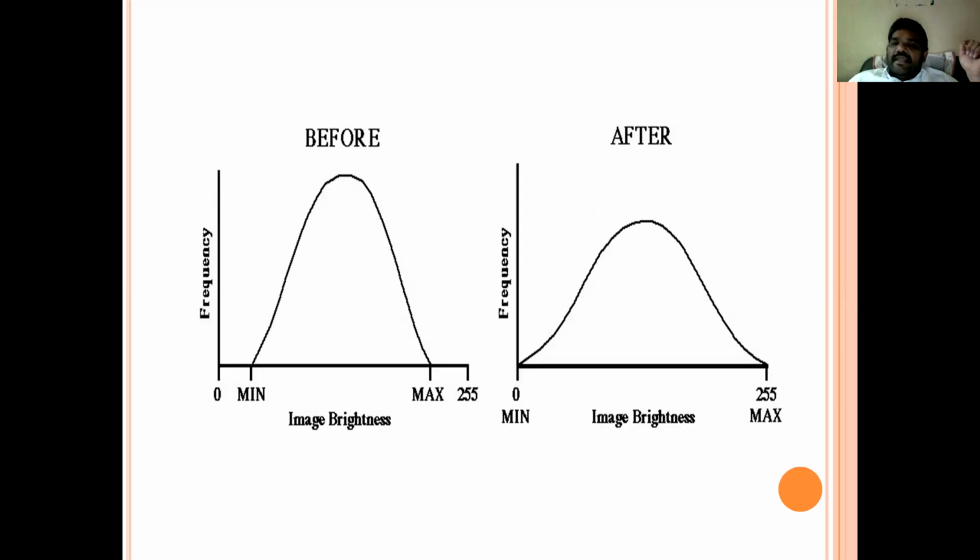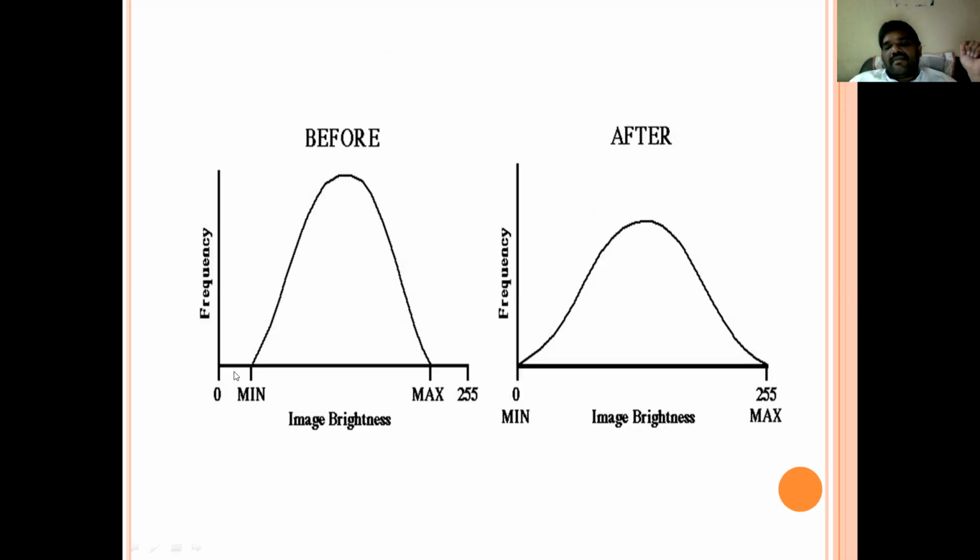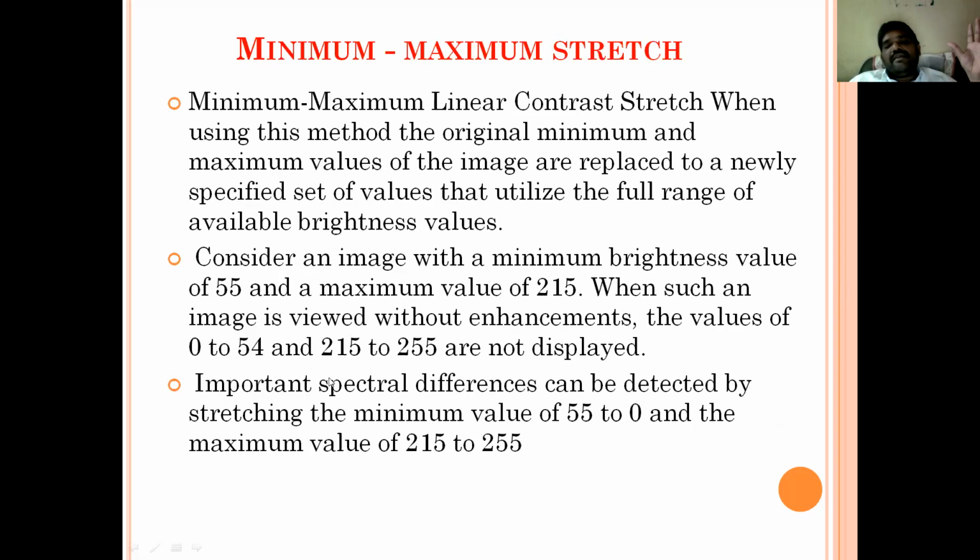See here, hope you understood why we are going for histogram stretch, because here the values are placed from 0 to 54. That is the reason we have gone for it. In the stretch we just stretched the histogram to a minimum of 0 and a maximum of 255, because here the values are placed from 215 to 255. Understand?